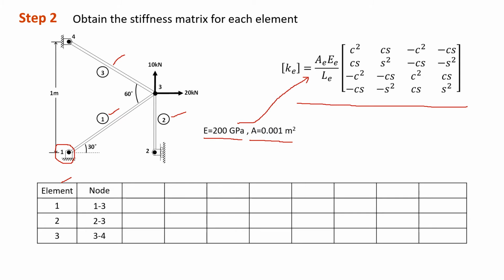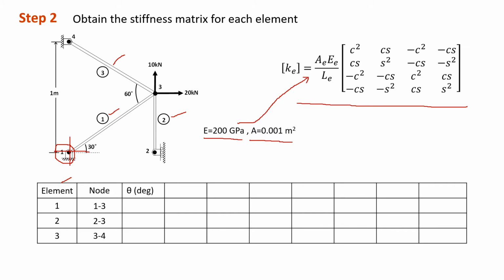And the third parameter that we have to define is the angle, or theta. As we decide the element connectivity is from 1 to 3 for element 1, meaning that for element 1, we must determine theta at node 1.